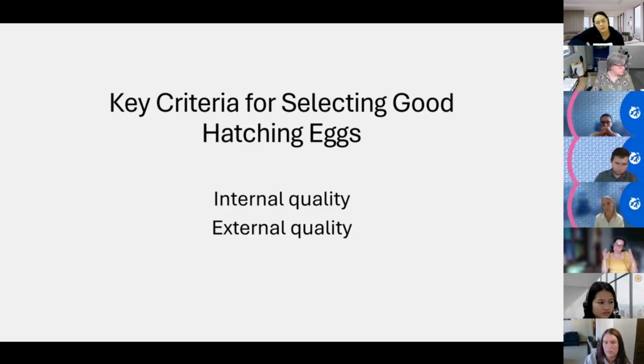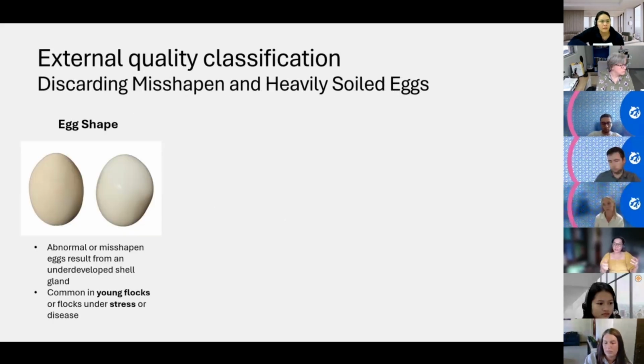So there are two aspects that we need to take into account. Is that internal quality or external quality? The external quality is quite understandable, something that we can see and appreciate. For instance, the egg shape.